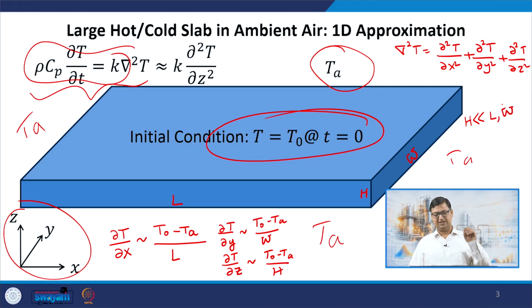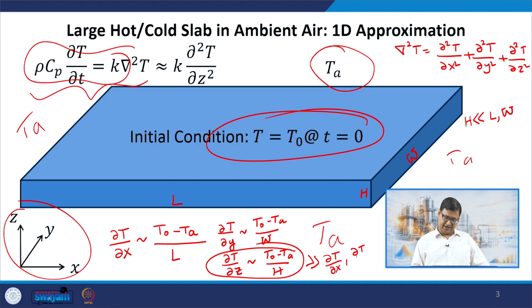The thickness is very small. As a result, this quantity is much bigger than dou T by dou x and dou T by dou y, right. So, I can apply the same kind of argument on the second derivative, just a scaling order of magnitude argument, and by doing that I can drop these terms.